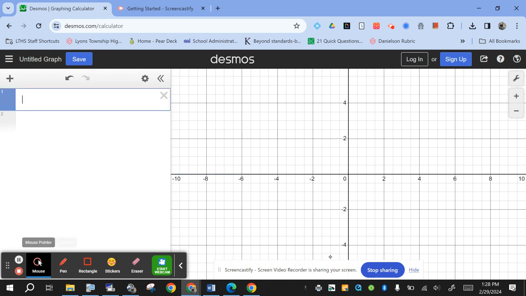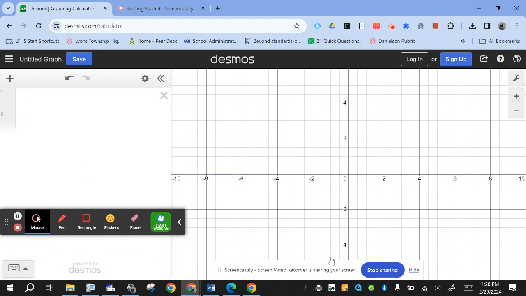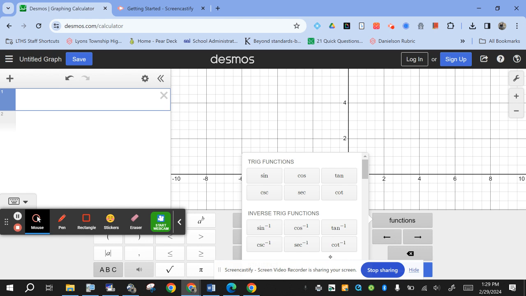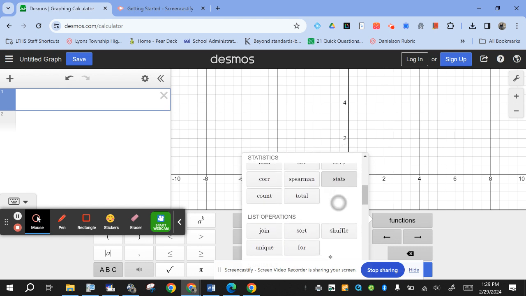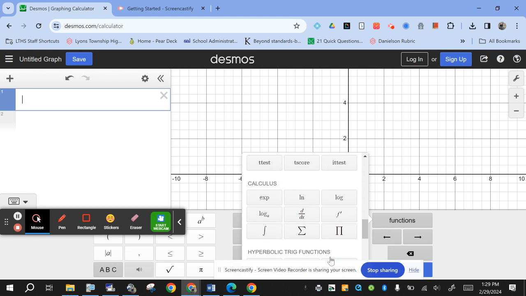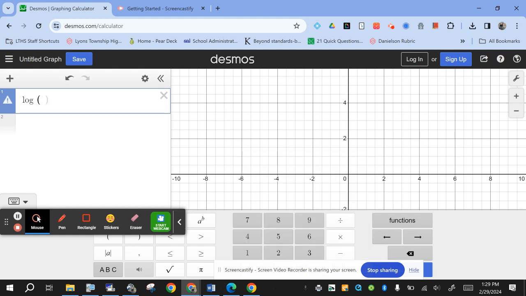To get our log button, we are going to go to our functions key over here on the right, and scroll down until we see calculus, so not all the way at the bottom, but part of the way down. We want to select the one that says log A, not log A. And so we're going to do log base 2 of x.